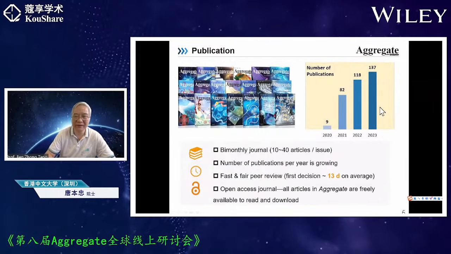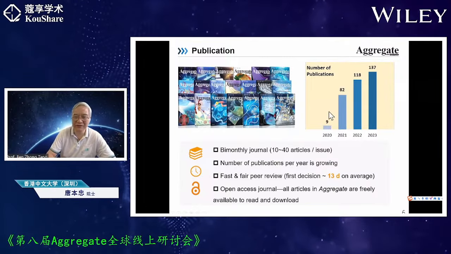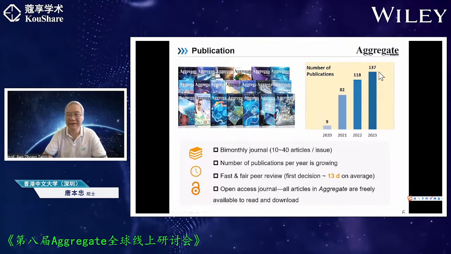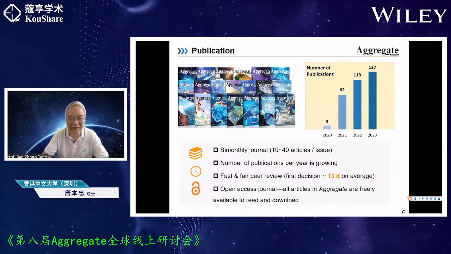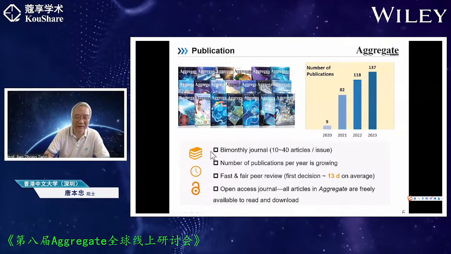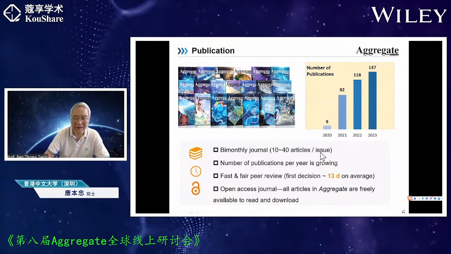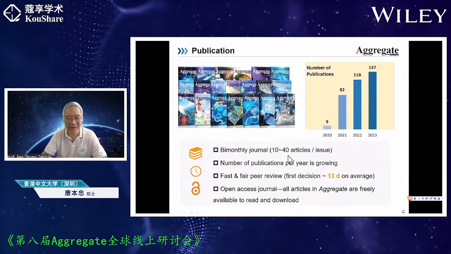The publication is growing very fast. In the first issue, we published 9 papers, and last year we published 137. This year, the number will become even bigger. It's now a bimonthly journal, and every issue we publish 10 to 40 articles.